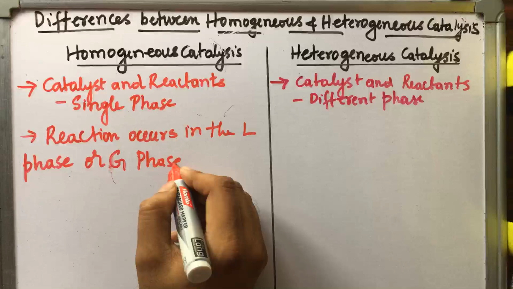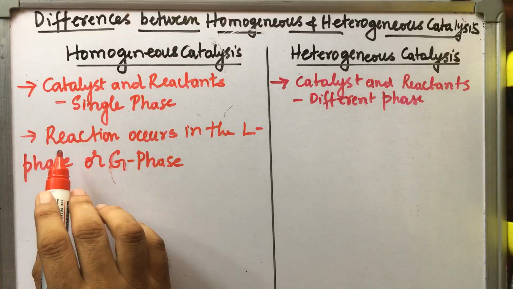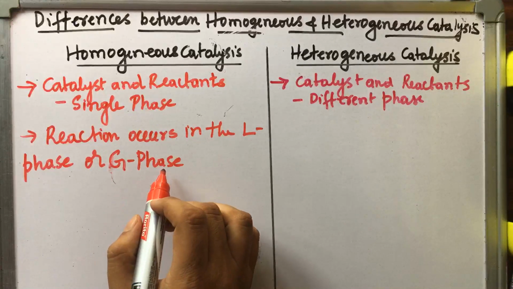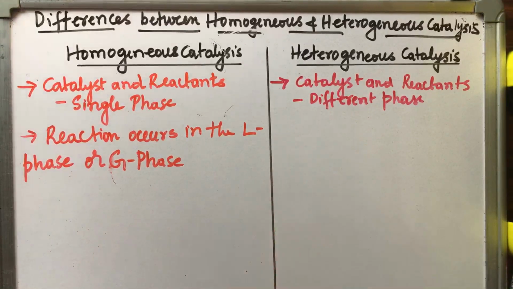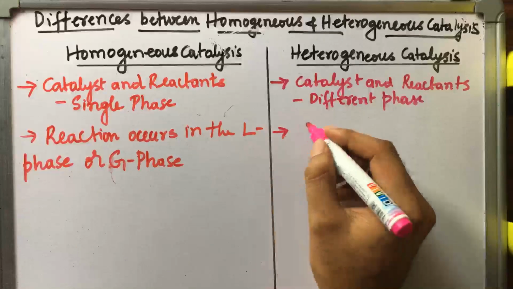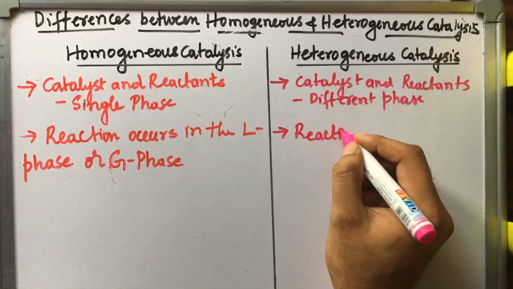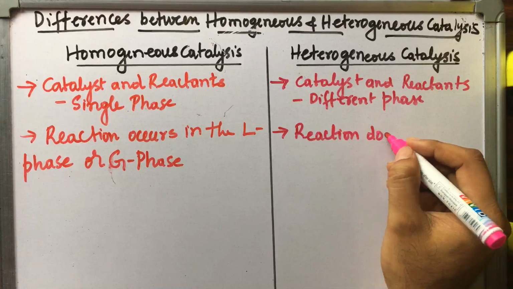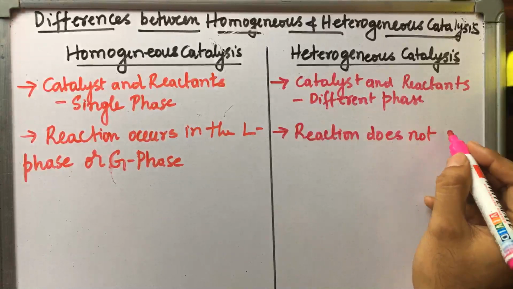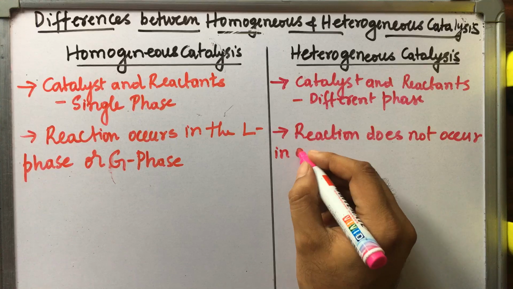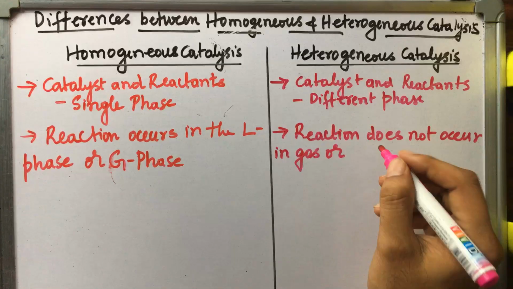G stands for what, students? Gas. Generally homogeneous catalysis reactions occur in the liquid phase or the gas phase. Here, generally, reactions do not occur in the gas or liquid phase.